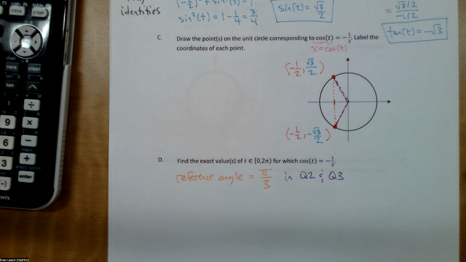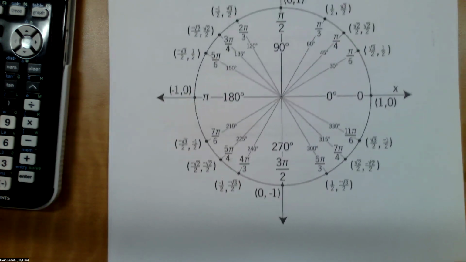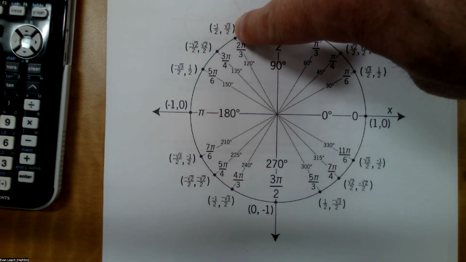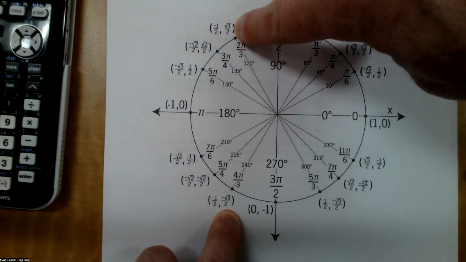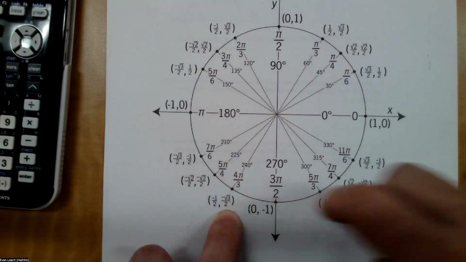We're going to put a reference angle of pi/3 in quadrant 2 and quadrant 3. This one we know exactly, and we'll have reference to it on our unit circle. So I've got the point -1/2, √3/2, -1/2, -√3/2. So the pi/3 reference angle is 2 pi/3 and 4 pi/3.